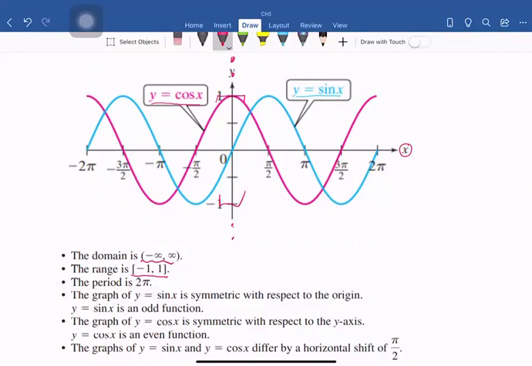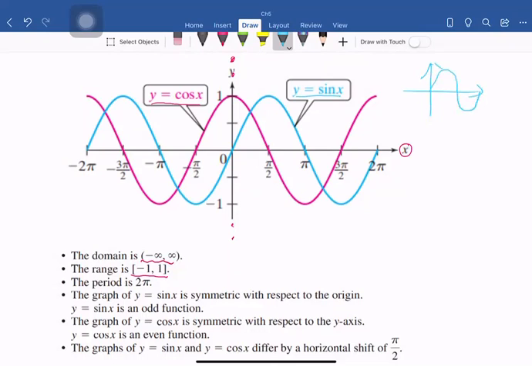The graph of y equals sine x is symmetric with respect to the origin. What's the meaning of that? So let's see the sine x. The sine x is like this.